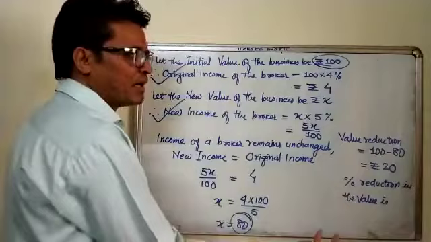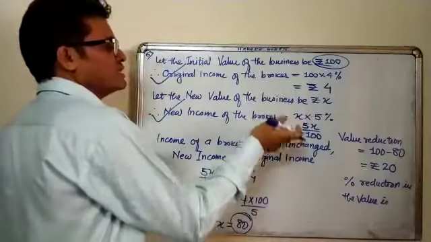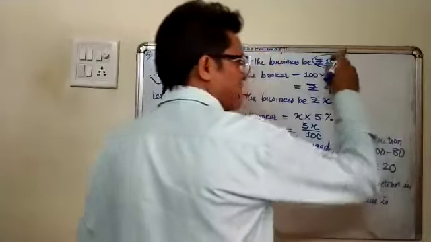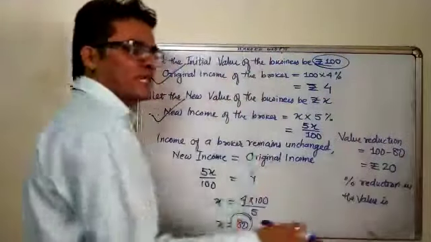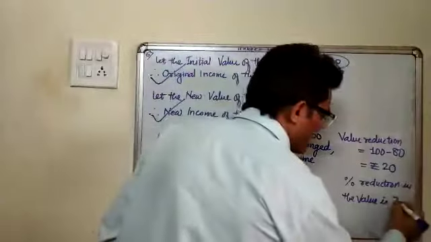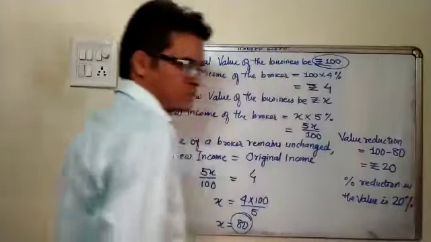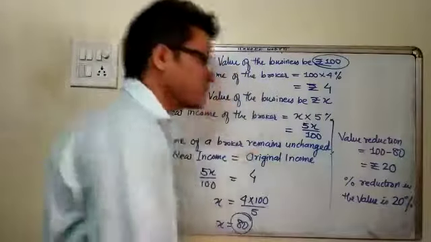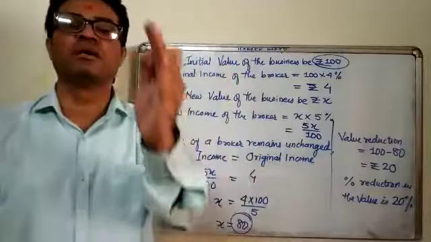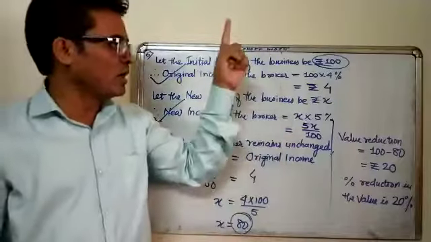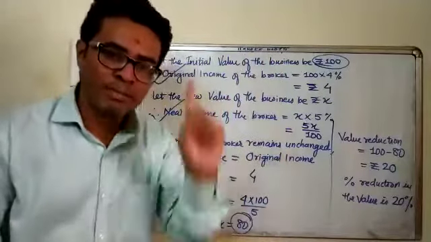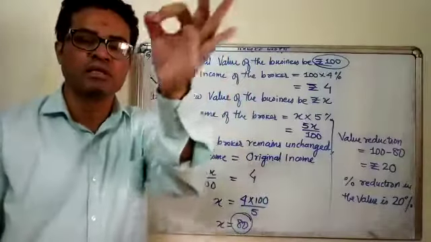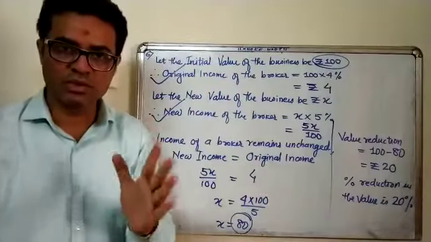So very simple, if your business goes from 100 rupees to 80, it means 100 में 20 rupees reduce हुआ है, so percentage में कितना reduce होगा? 20%. So as per the requirement of the question, how much percent reduction in the new business? So 100 से 80 means percentage wise 20% business reduced. Understood?